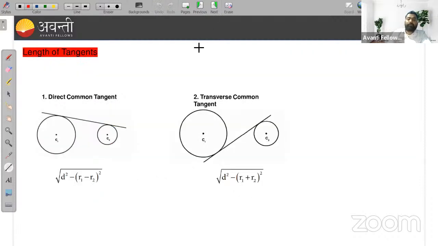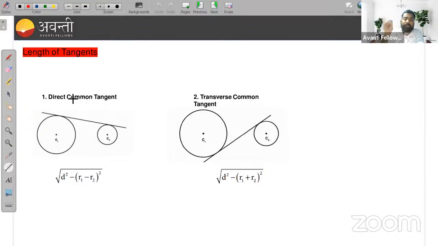Now, length of tangents. There are two types of tangents. One is called direct common tangents and the second one is transverse common tangents. So how can you find the length of a direct common tangent? That is under root of d square minus R1 minus R2 whole square.